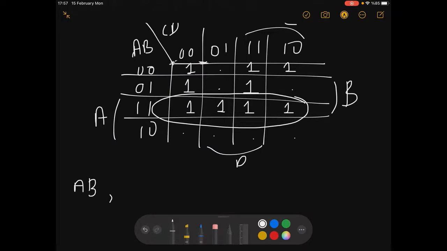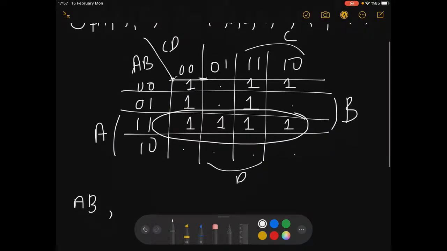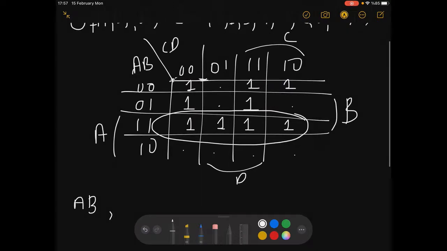And the other one is, what else? Okay. Do we have any size 4? No, no more size 4, I guess. I only have size 2s now.